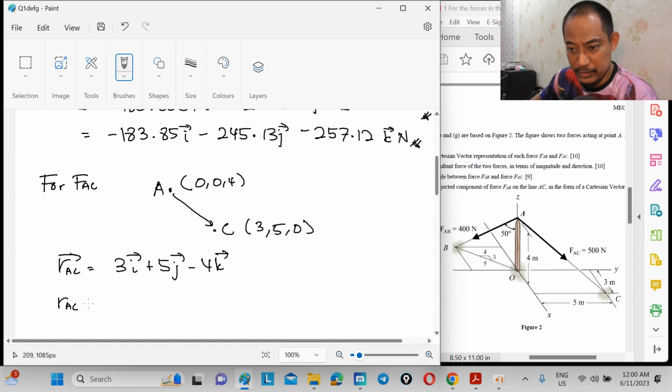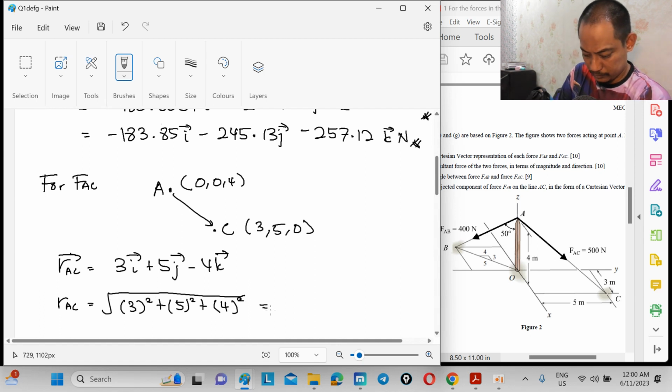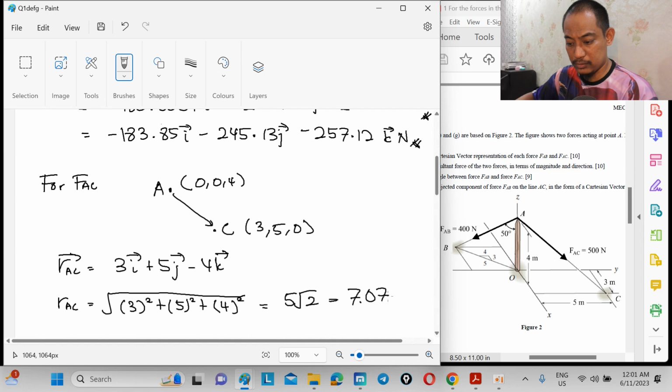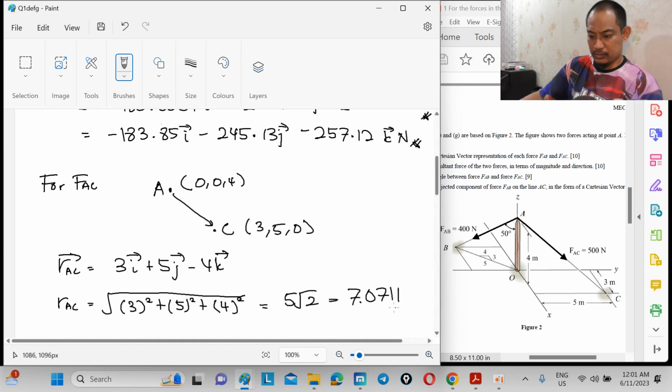So the magnitude of RAC is the square root of 3 squared plus 5 squared plus 4 squared, which equals 5 square root of 2, or 7.0711.